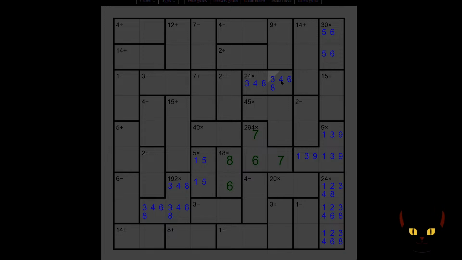Six, and I need to remove this 4. So now I've got 3, negative 4, 6, so that works. 6, 7, 8. So here I have 2, 3, 4, 5. Okay. Are those too big to make a 5?